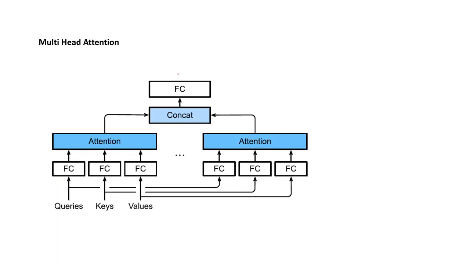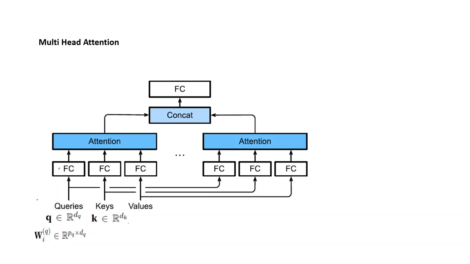So now say we have a query which has a dimension of dq, and that will be passed through a fully connected layer which has a weight of dimension pq cross dq. pq again is the hidden dimension, as I mentioned earlier. If you are finding it a little difficult, I would recommend you go through my MLP lecture so you can understand what is going on with WQ, the dimensions and so on.